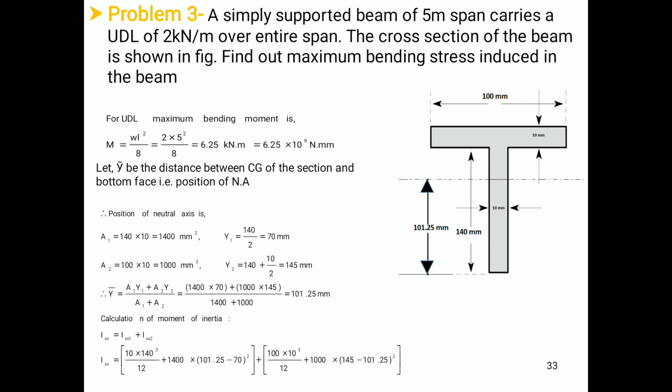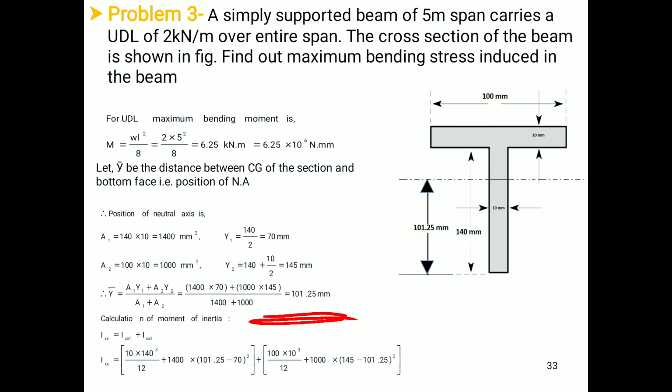Therefore, putting the value of A1Y1 and A2Y2 into the equation of Y bar, we have Y bar equal to 101.25 mm. That should be from bottom, because we have measured all the values with respect to bottom face, and that is the reference axis we have considered over here.